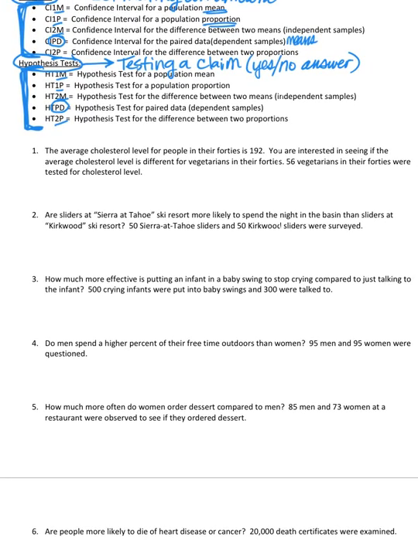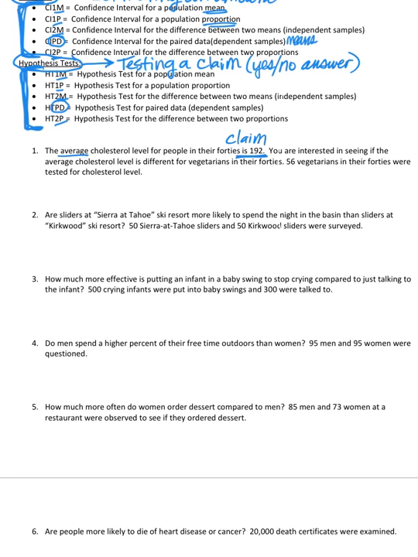So here we go. Number one, let's go through this. The average cholesterol level for people in their 40s is 192. In my mind, I saw the word average, so that makes me think maybe we're going to be doing mean problems. The second thing that clues me in is that they had a claim.